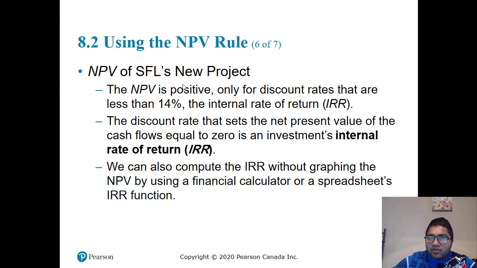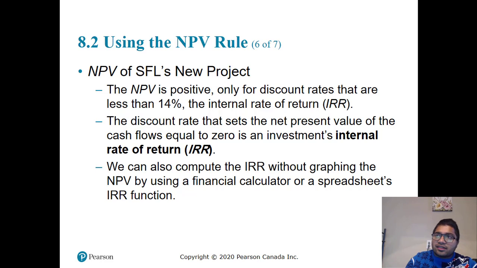The NPV of the SFL new project is positive only for discount rates less than 14%, the internal rate of return. So what is internal rate of return? We discussed it in the Excel sheet. It is the rate of return at which NPV becomes 0.